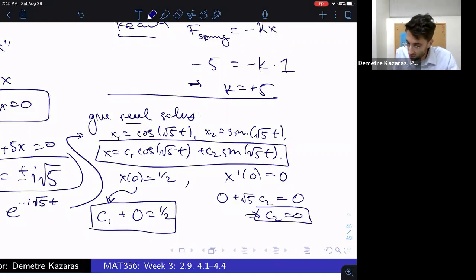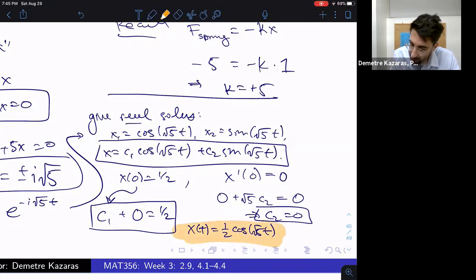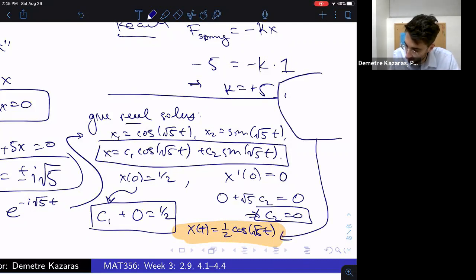Okay, so we just figured out the whole motion. x of t, the solution, will just be 1/2 cosine root 5t. And the amplitude, of course, is a half.